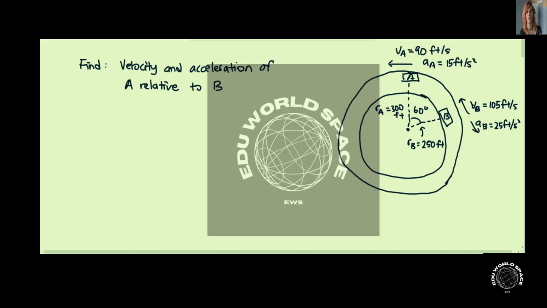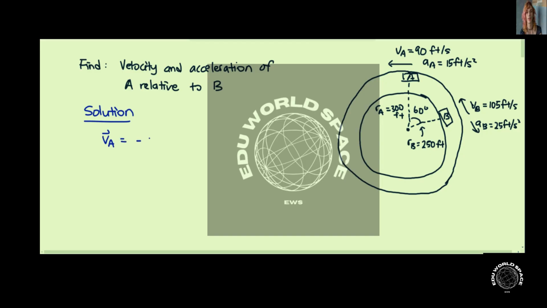This is a relative motion problem. As a start, we always need to write down the velocities and accelerations in vector form so that we can calculate the relative velocity and acceleration easily. First we start with velocity.